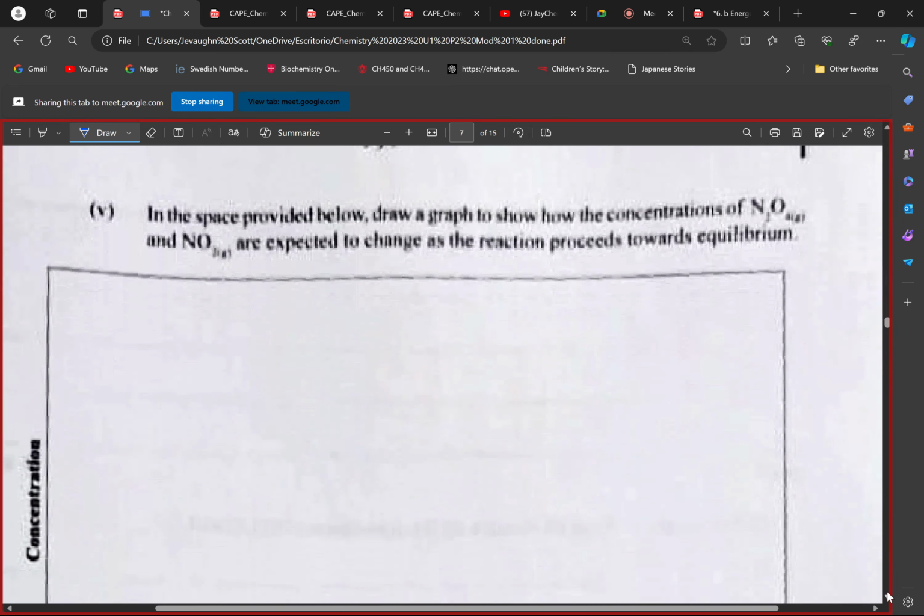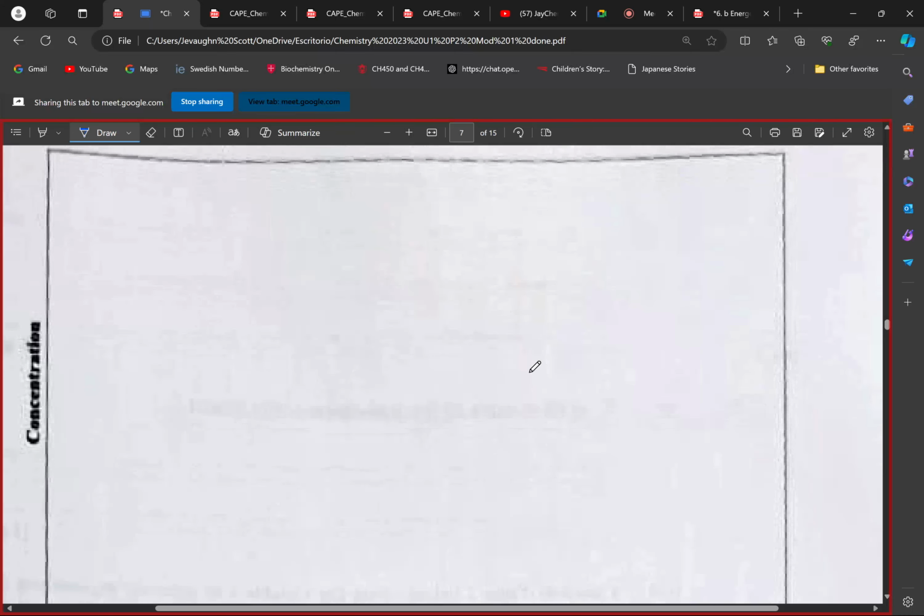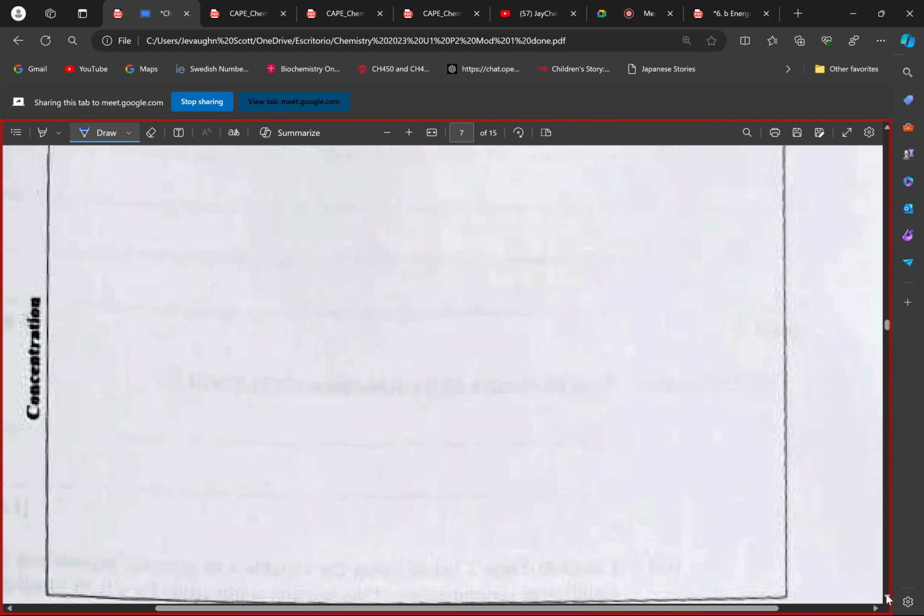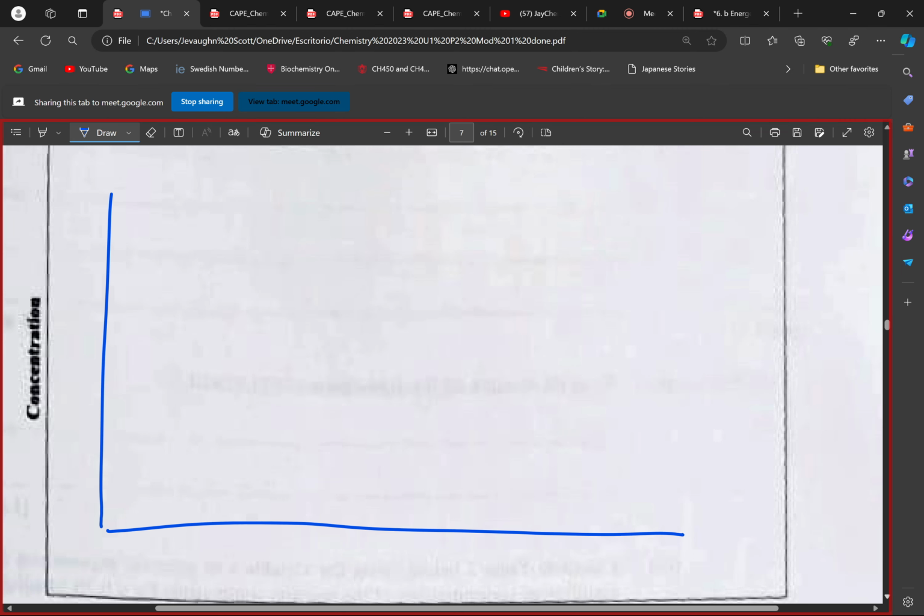So how would the graph look? We're going to take a pencil and a ruler. I think the N2O4 would be going down, and the other one would be going up, and they would cross each other.